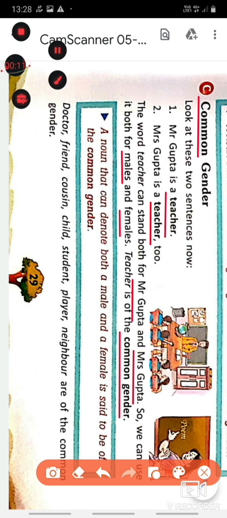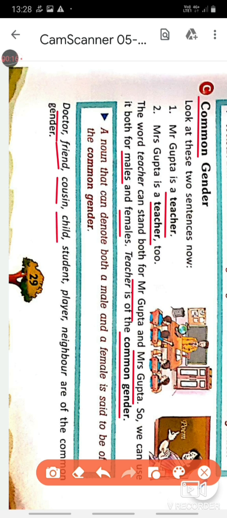The words like doctor, friend, cousin, child, student, player, neighbor are all of the common gender because whether it is a male or a female, both are known as a doctor or a friend or a cousin or a child, etc. Come to the box above and underline a noun that can denote both male and female.